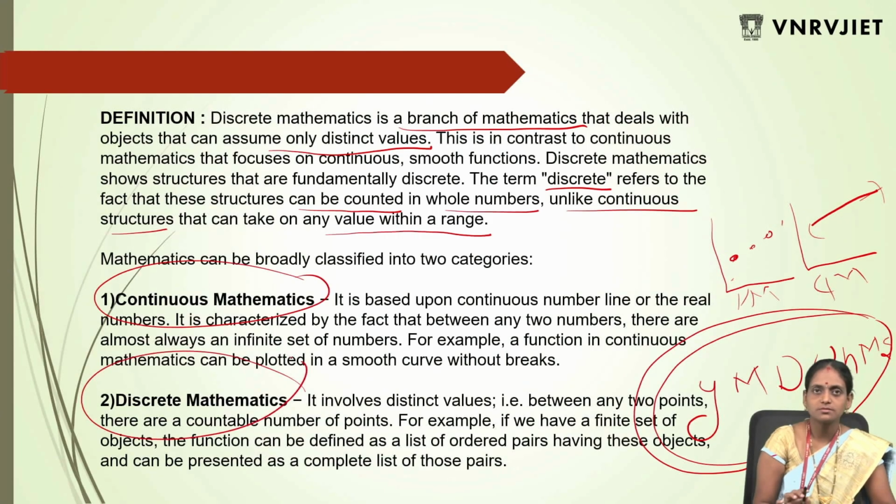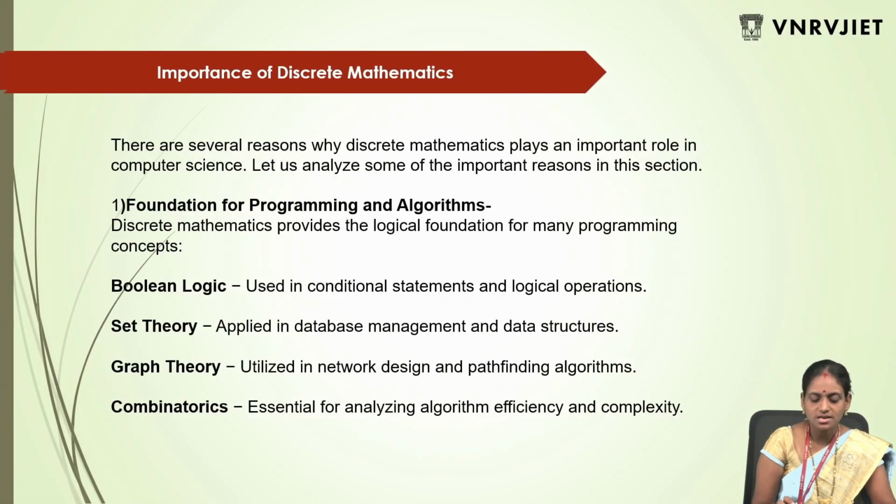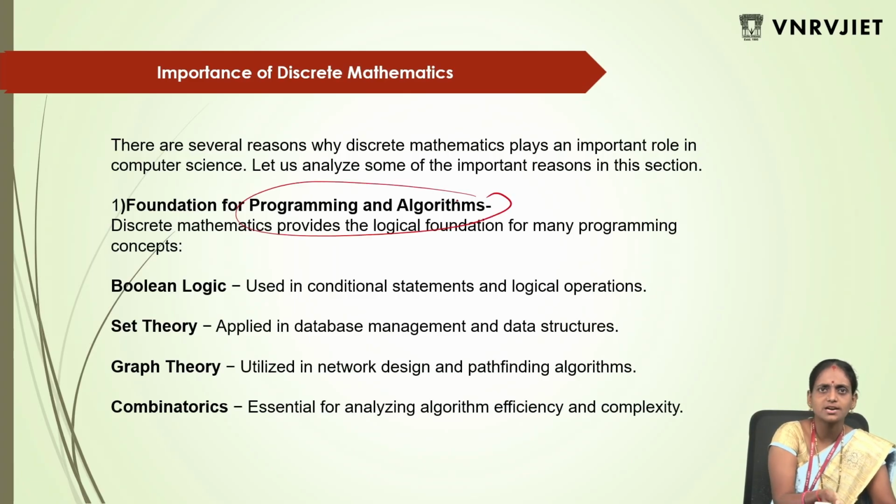And next, the importance of discrete mathematics. We have already seen the applications where we use it in different types of programming: data structures, relational database management systems, computer graphics, image processing, everything. Everywhere we use discrete mathematics.